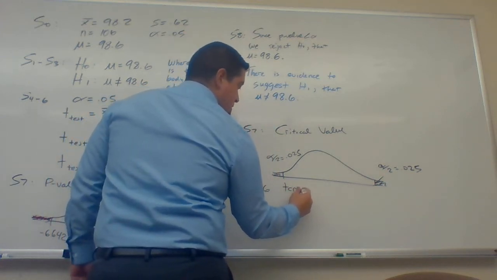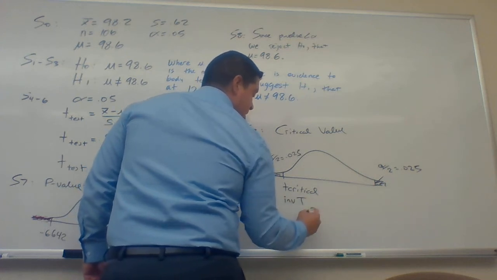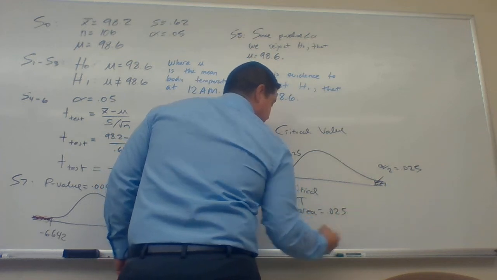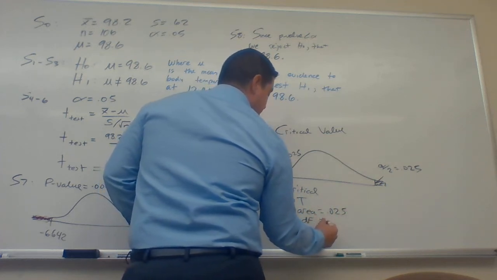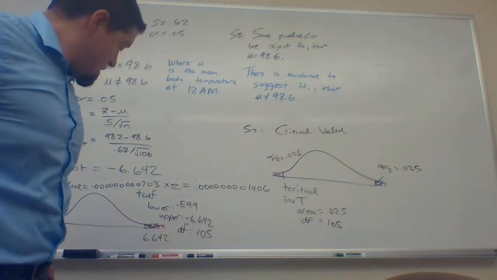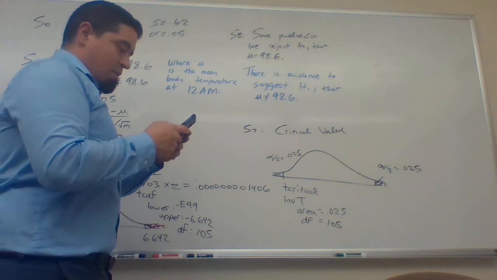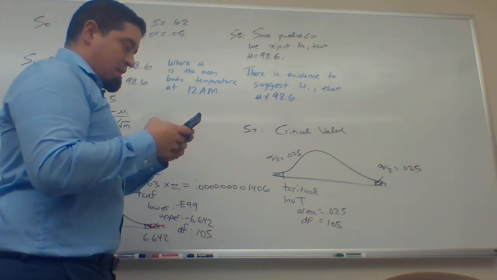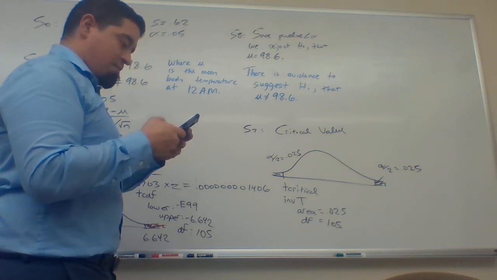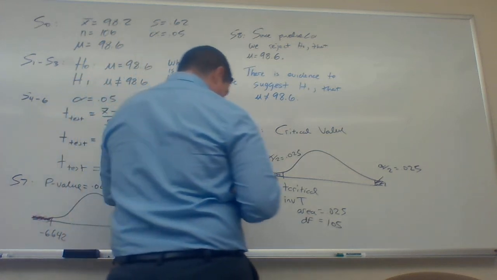We want to find this t critical, so we'd do inverse t of area 0.025, degrees of freedom 105. Do that real quick on your calculator. Second VARS, inverse t, 0.025, degrees of freedom 105, paste, and I get t critical negative 1.98.